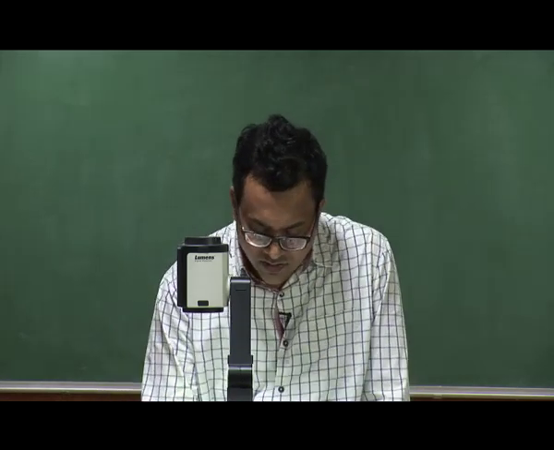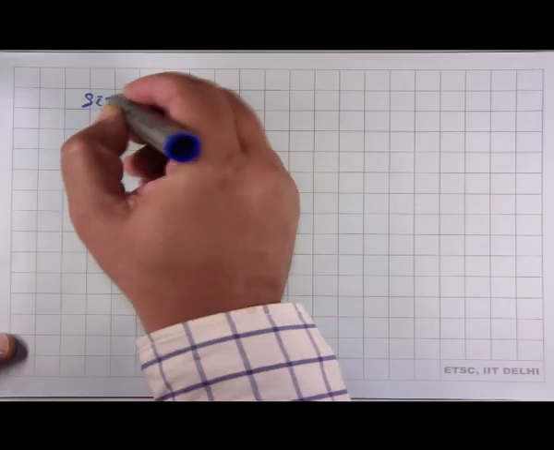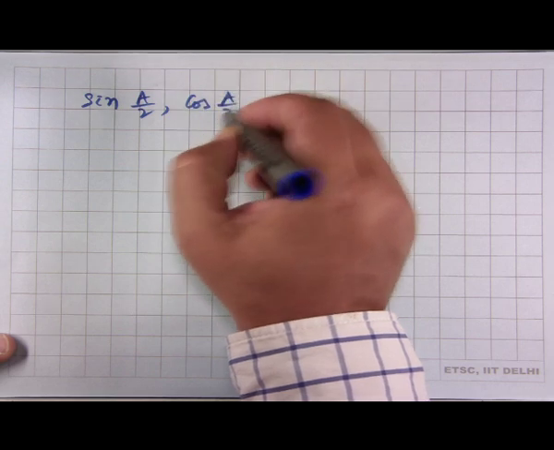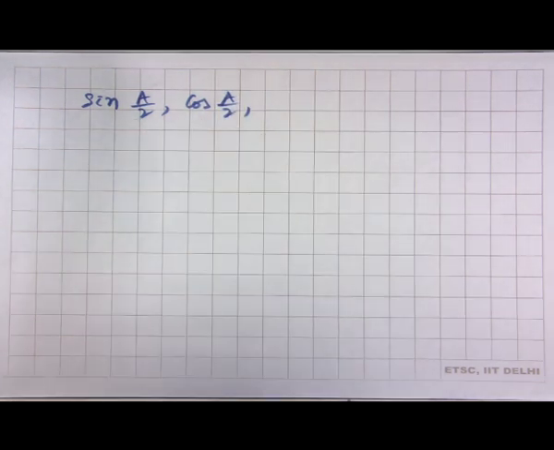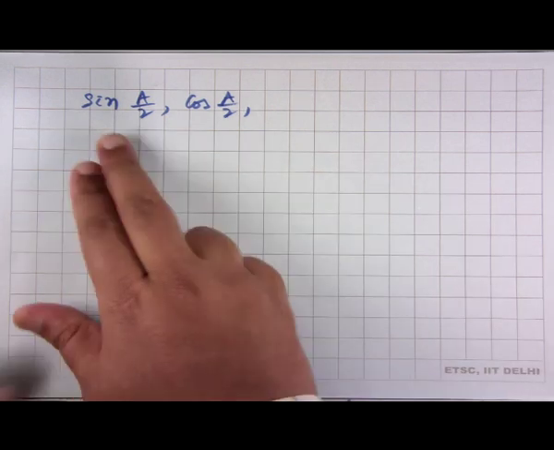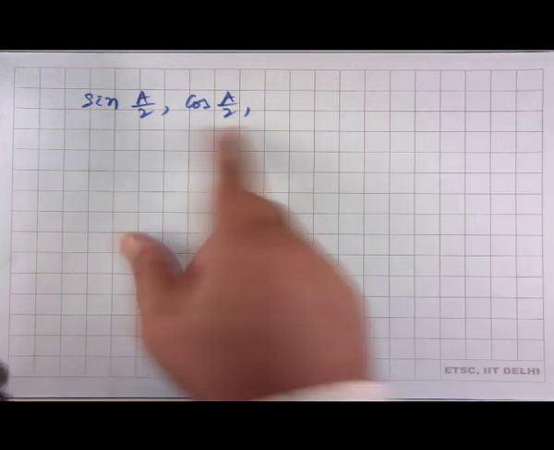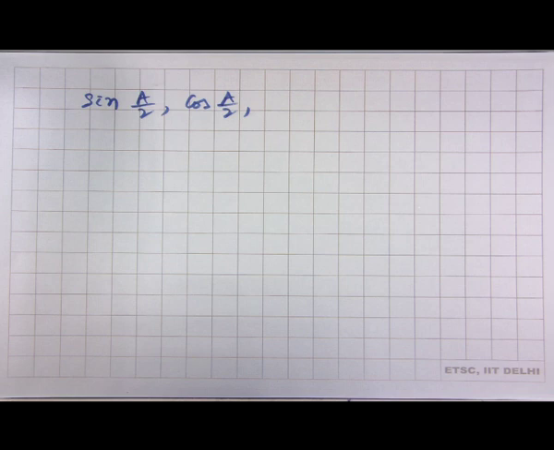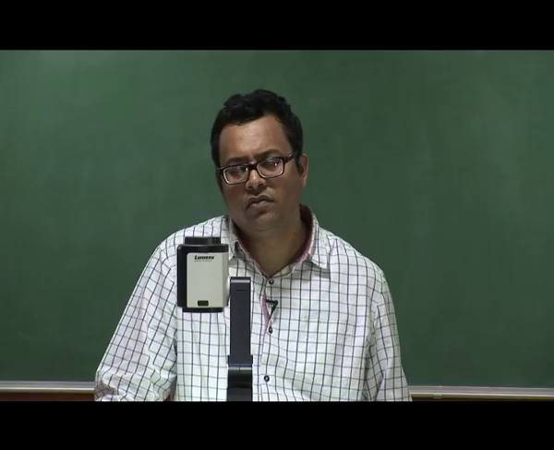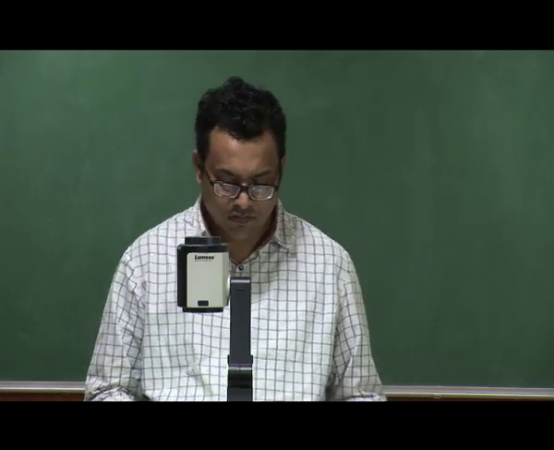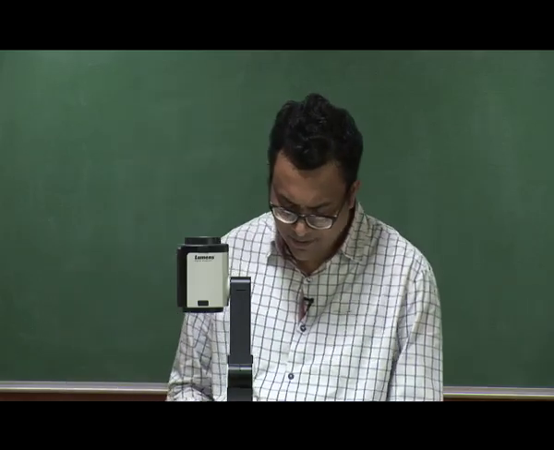So, we are interested in deriving expressions for sine A by 2, cos A by 2, and likewise sine B by 2, cos B by 2, and sine C by 2, cos C by 2, in terms of the lengths of the sides of the triangle. That is what we will do next.